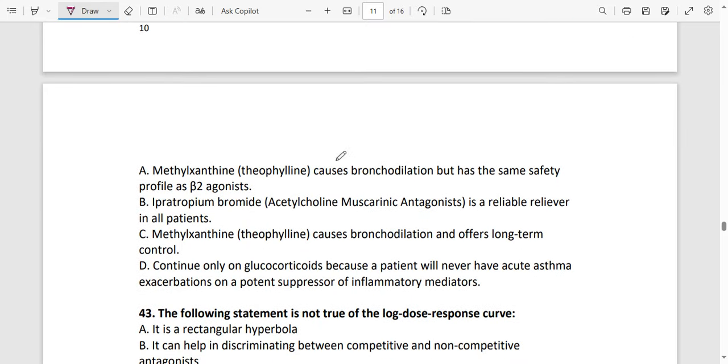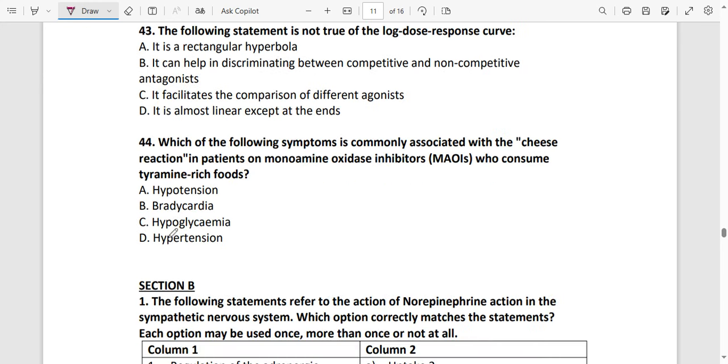A. Methylxanthine theophylline causes bronchodilation but has the same safety profile as B2. B. Ipratropium bromide, an acetylcholine muscarinic antagonist, is a reliable reliever in all patients. C. Methylxanthine theophylline causes bronchodilation and offers long-term control. D. Continue only on glucocorticoid because a patient will never have acute asthma exacerbation on a potent suppressor of inflammatory mediators.